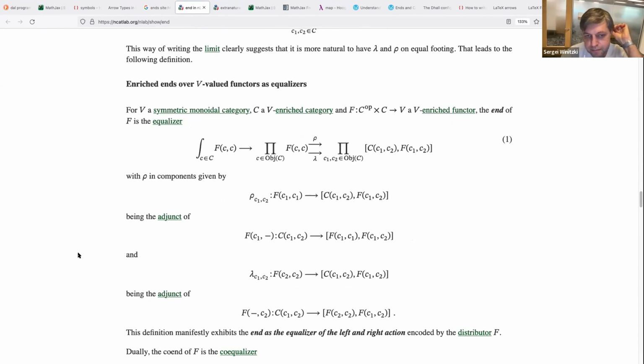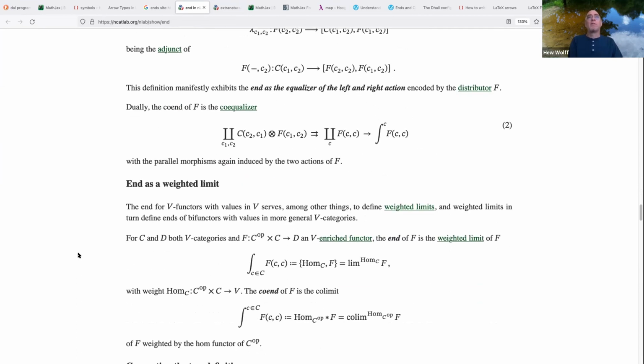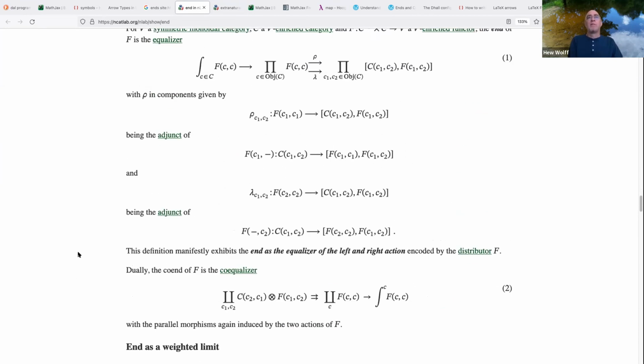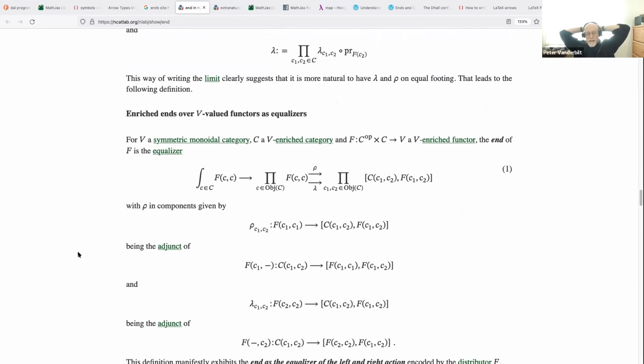Okay, so in an enriched category, you define the end to be the corresponding equalizer. Is that first arrow supposed to be more like an isomorphism? Because you're sort of saying that the end is like the equalizer. Oh, okay, so that kind of makes sense.